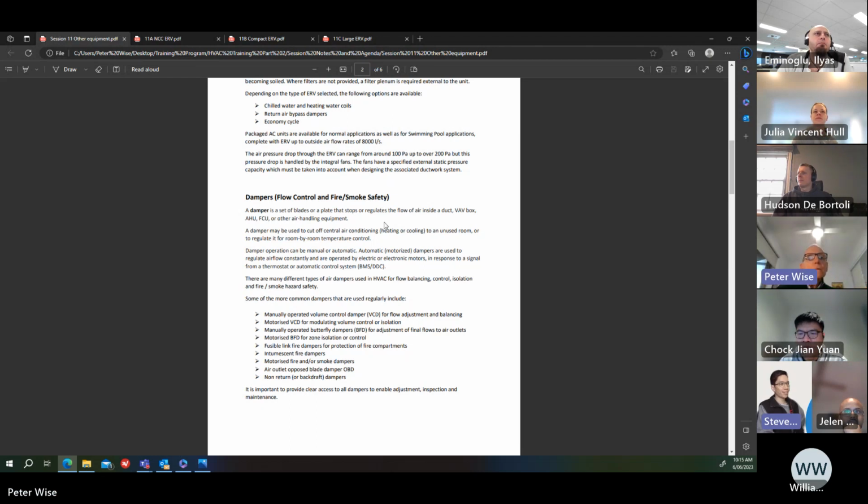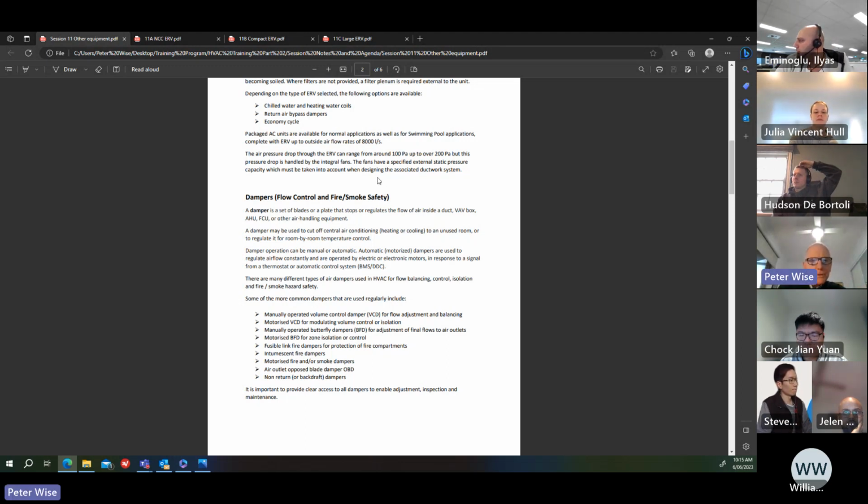With the term integral, does that just mean it's built into the unit? You know how it says integral filters and integral fans? What does integral mean? Inside the unit, yes. Some of the big ERVs have filters already supplied with the units.